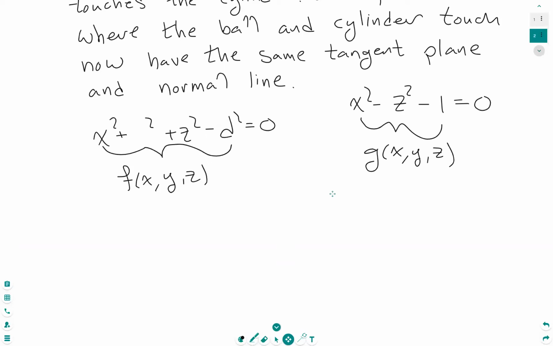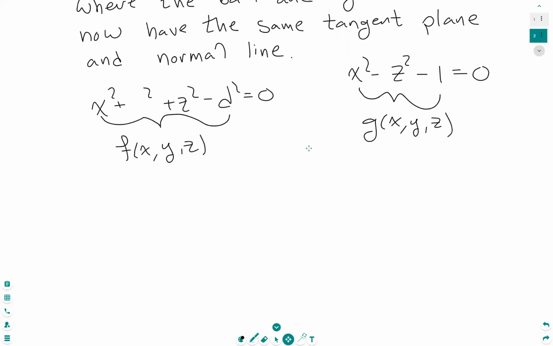So now remember that the normal line of these surfaces is pointed in the direction of their gradients, right? So if they share a normal line, the gradient of f should be proportional to the gradient of g by some constant.